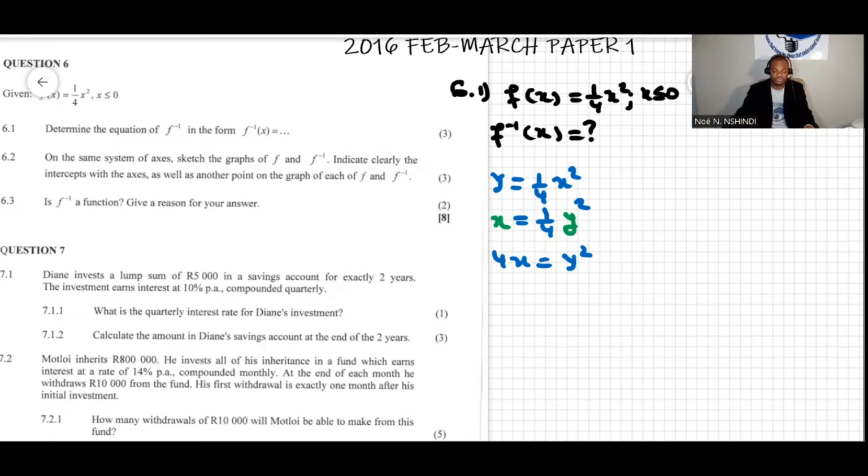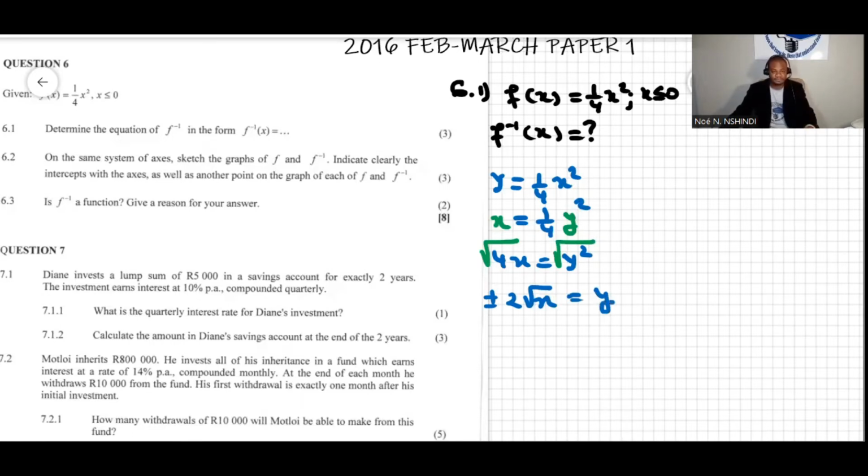Now we can square root both sides, okay? We square root over here, we square root over there. We square root because we need to find y. So this becomes plus minus 2 square root of x, equal to y like that.